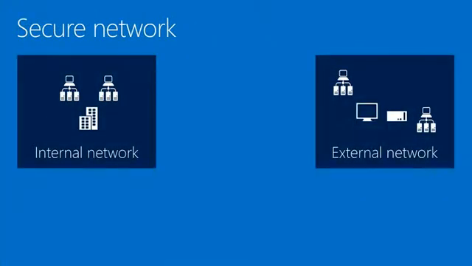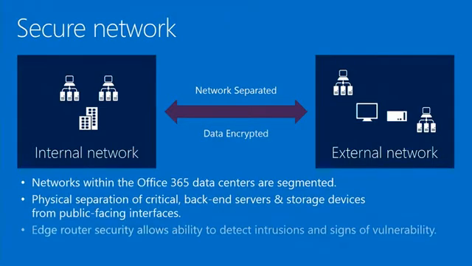Our networks are secured. We have security separating our internal networks in the data center from the external network. We use multiple connections to the internet over multiple providers. Microsoft also has a dark fiber network running between data centers so that anything that needs to be communicated between the data centers goes on that separate network.